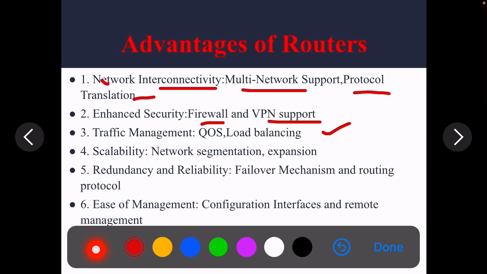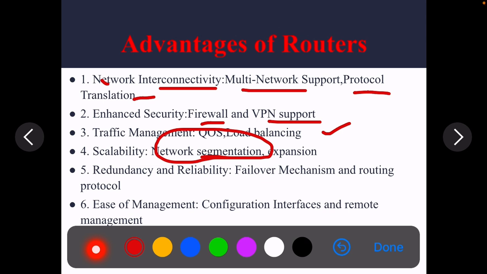This is done before in the functions. Then what is scalability? Network segmentation and expansion. How is it scalable? Network segmentation: routers can support subnetting. Subnetting means what?